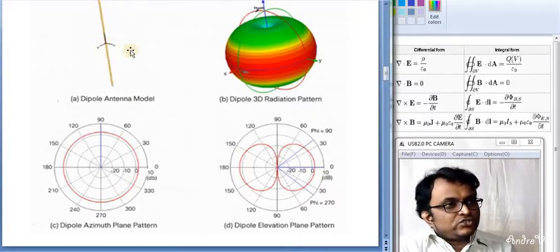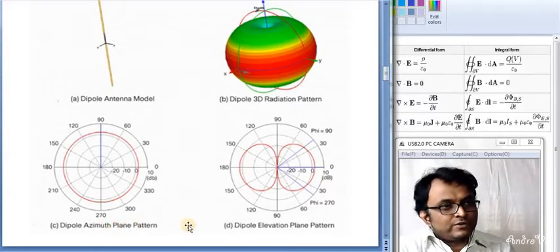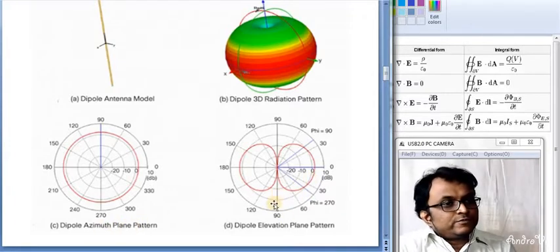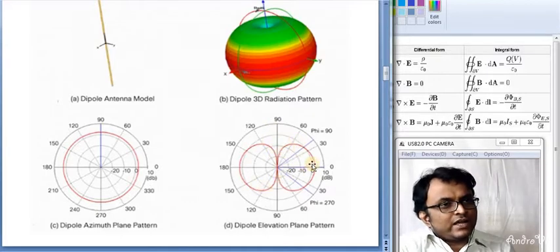And as the H phi component is there, the H phi component is almost in a circular pattern, and it will be given like that. This is the H field, that is the H phi component or the azimuthal component of this radiation pattern in the far field. And in the same way the elevation component is almost circular, but there is a dip at both sides, and therefore it looks like a figure of 8.